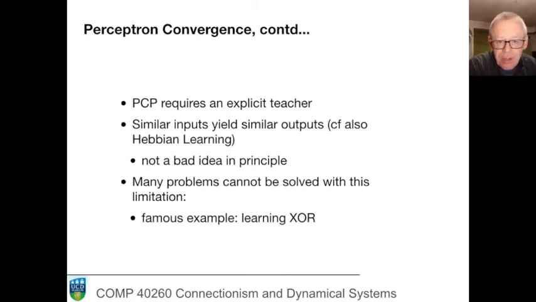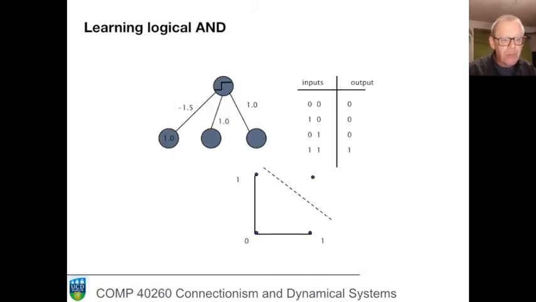XOR, X is the abbreviation for exclusive OR, which is a logical function, which we're going to look at now. So we've met one logical function before. We met AND. These are not real-world machine learning problems we're going to survey here. These are logical problems that serve to illustrate the character of a class of problem.